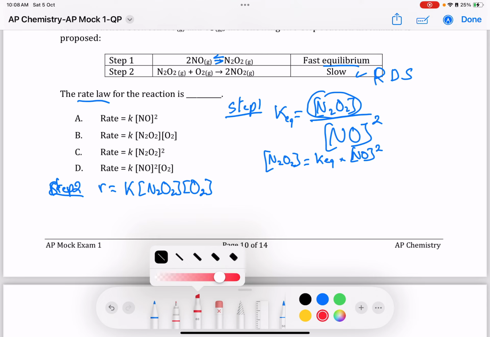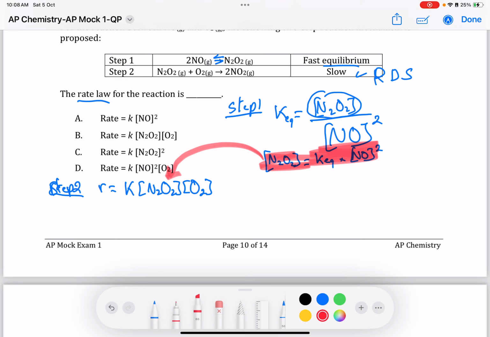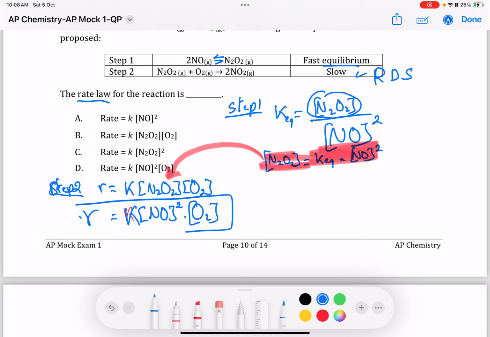Then we can substitute this value into the formula here. So the rate law is K times K equilibrium, which is also a constant, so we can write it as just K, multiplied by NO squared times O2. So this is a third order reaction, and the final answer is D.